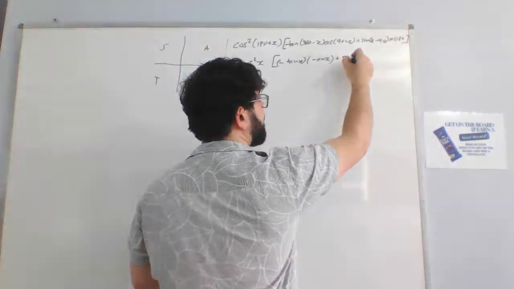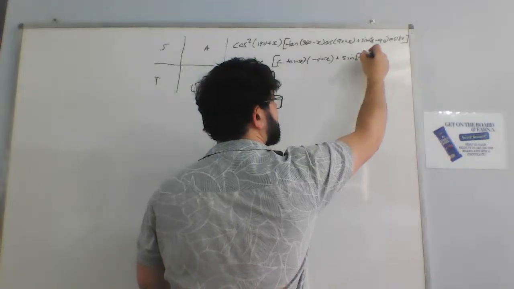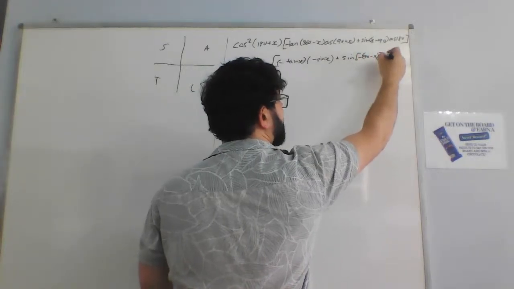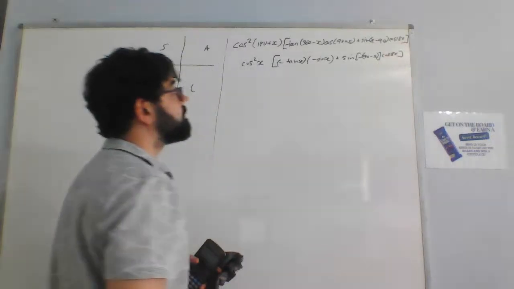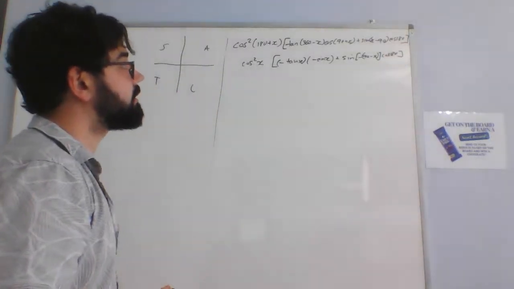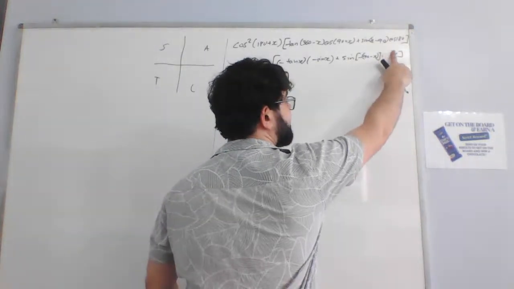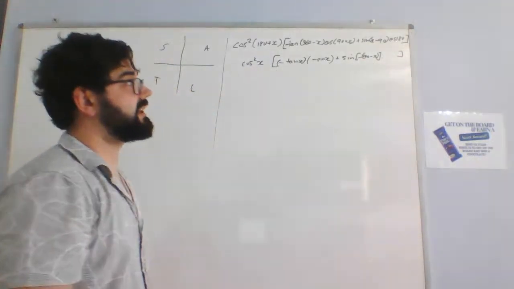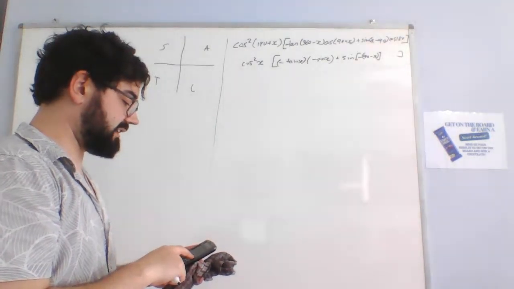So this is sine of negative 90 minus x and cos of 180. Then the cos of 180 you can actually evaluate. Cos of 180 has a value of -1.